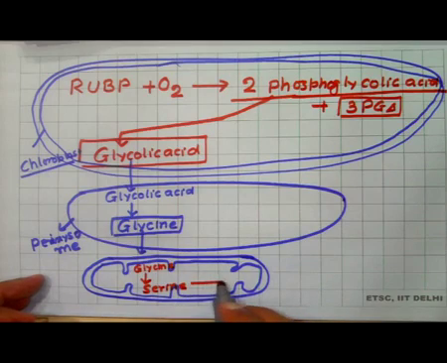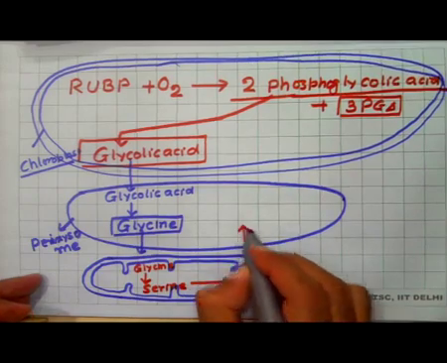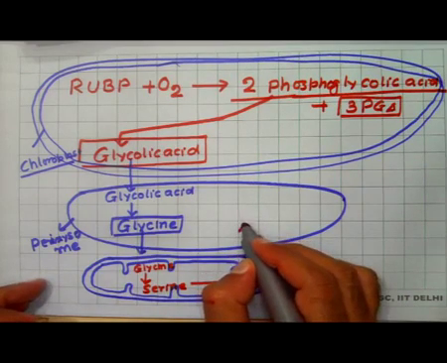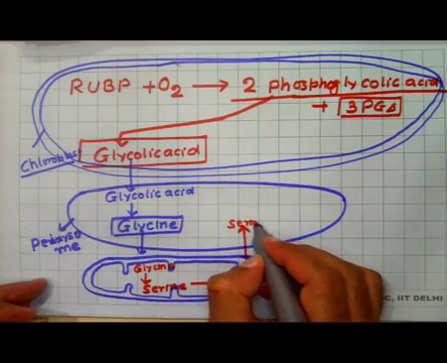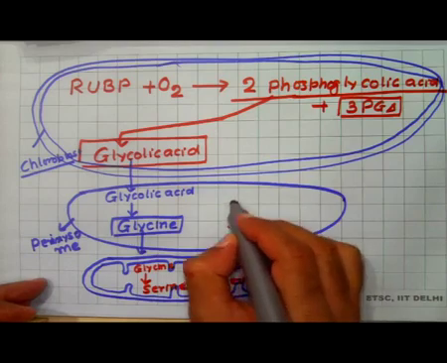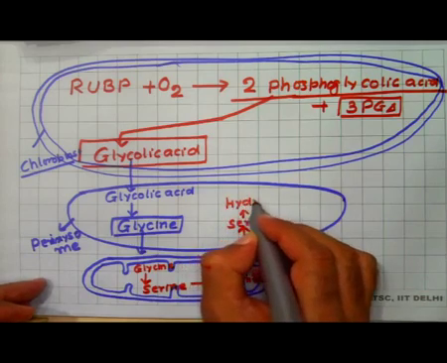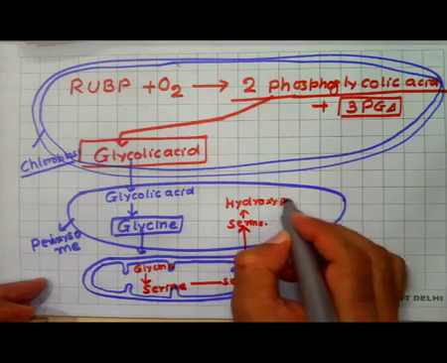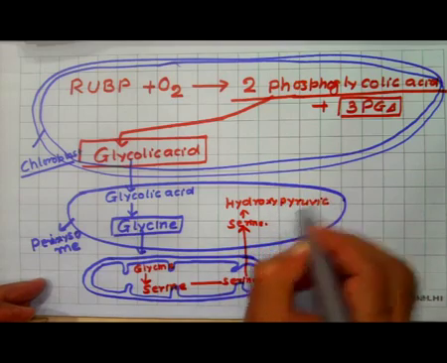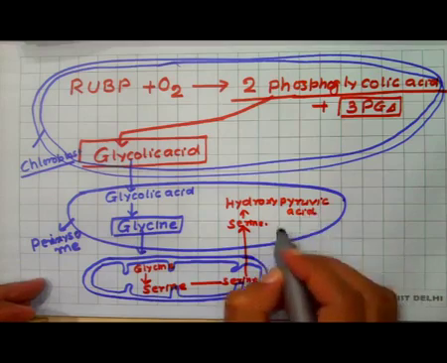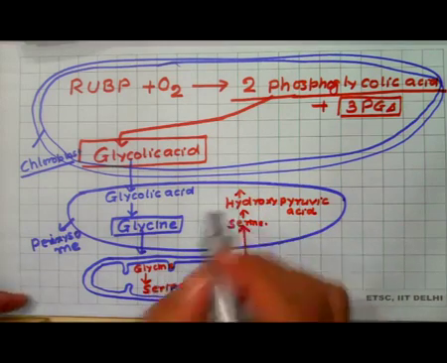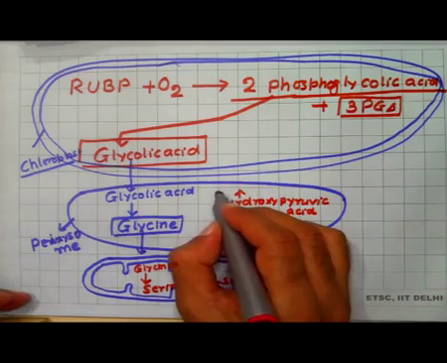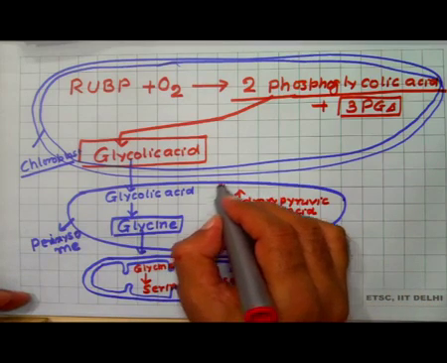Now, this serine returns back to the peroxisome, and here the serine is converted into hydroxypyruvic acid, and this hydroxypyruvic acid in peroxisome is also converted into glyceric acid.